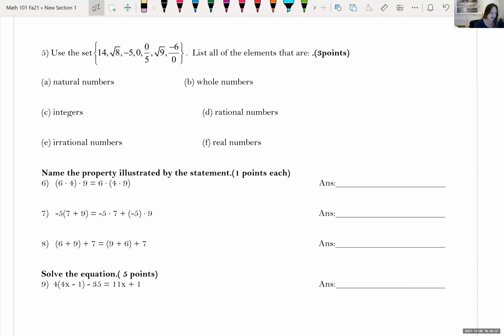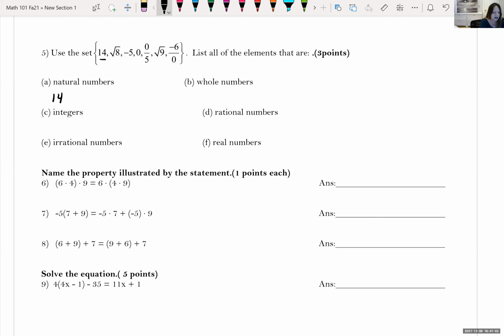Okay, so listing, we have 14, square root of 8, -5, 0, 0/5, square root of 9, -6/0. And we want to list which ones are natural. Natural numbers are the ones we start naturally counting with, 1. So 1, 2, 3, 4, all the way to infinity. Let's go through and capture any of those. So 14 would be one of those numbers.